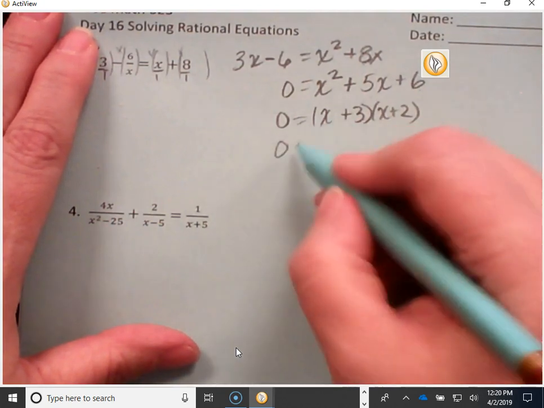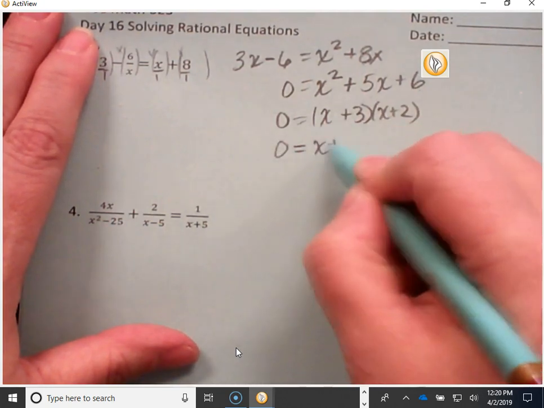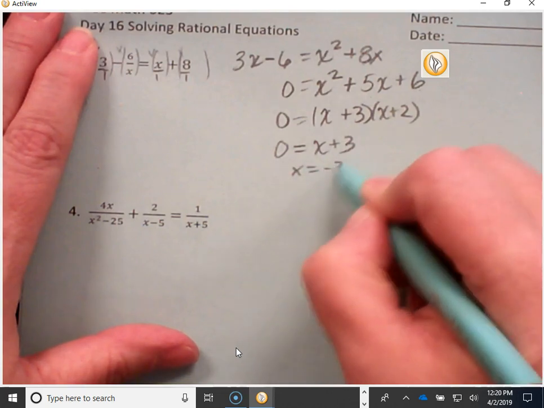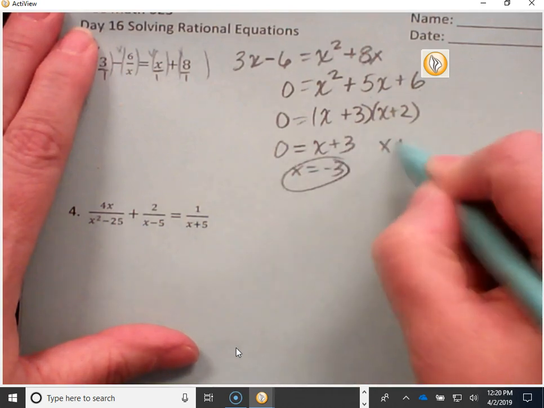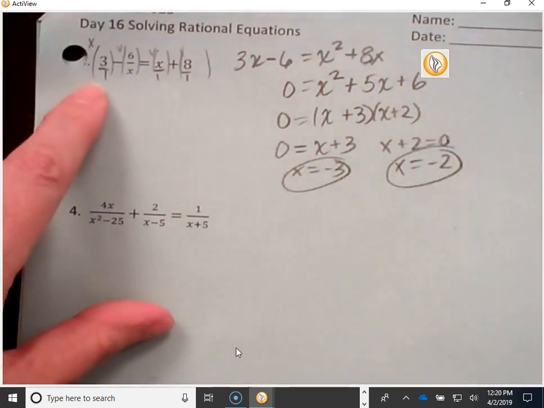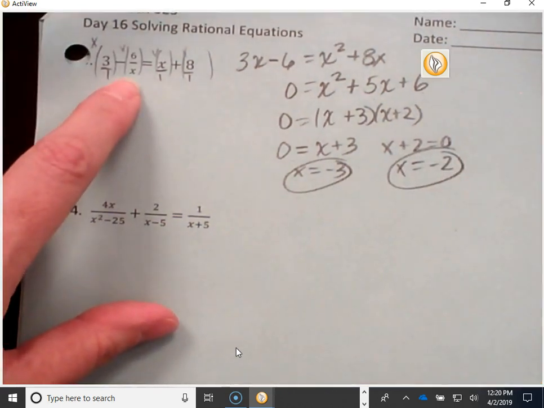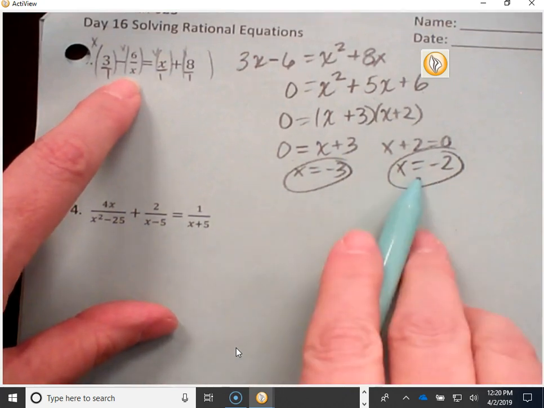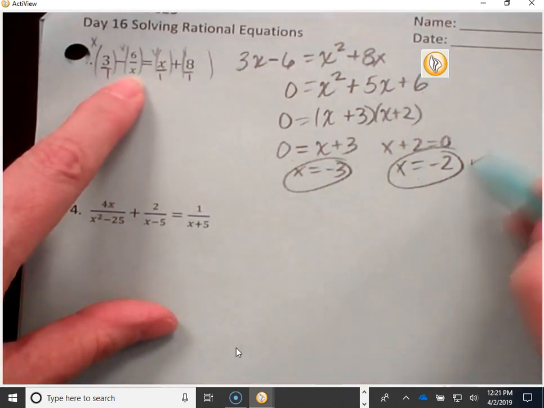So we find out that x plus 3 could be 0, which means x is negative 3. Or x plus 2 could be 0, which means x is negative 2. We go back and check. If I put negative 3 in here, it's not 0. If I put negative 2 in here, it's not 0. Both of those work.